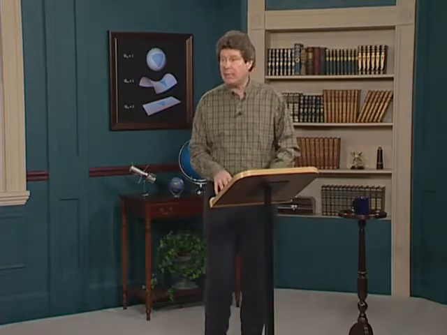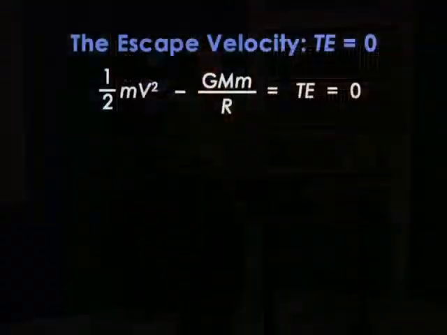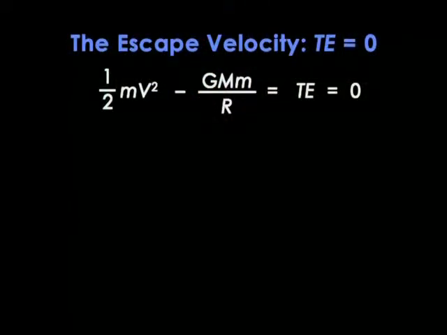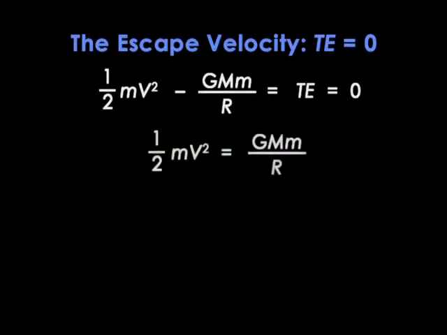So now let's look more carefully at this boundary condition between recollapse and infinite expansion. Here's the condition in equation form. The kinetic and gravitational energies are perfectly balanced. The total energy is zero. So let's just bring the gravitational term to the right.